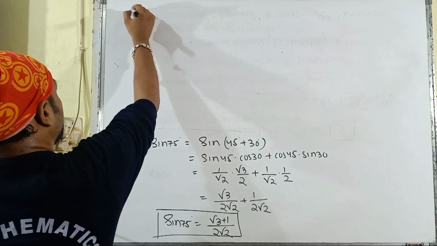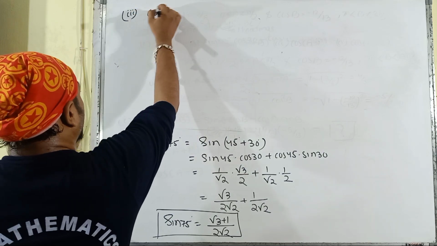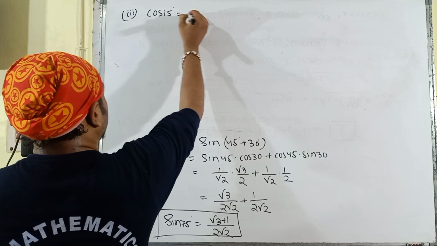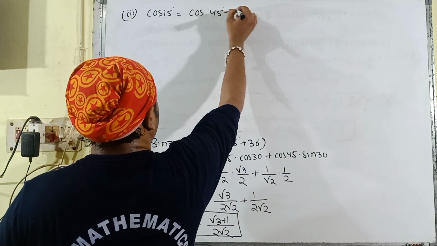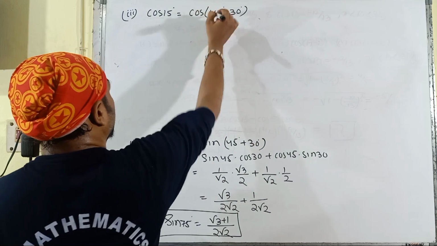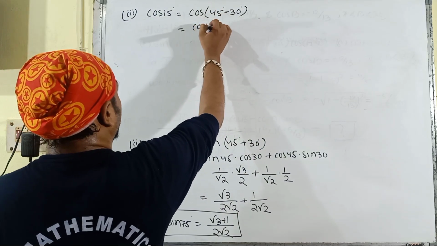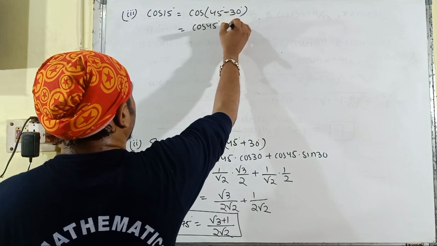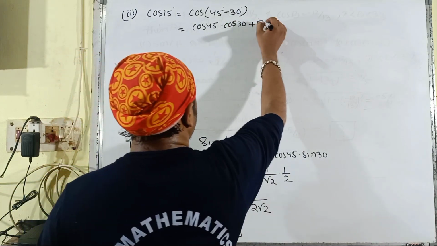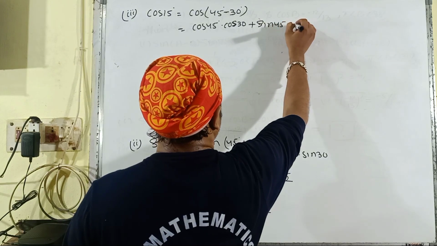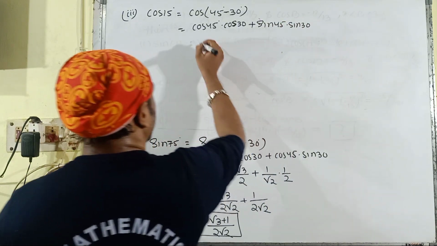The third one is here, cos 15 degree, cos (45 minus 30). It is cos 45 into cos 30 plus sin 45 into sin 30.